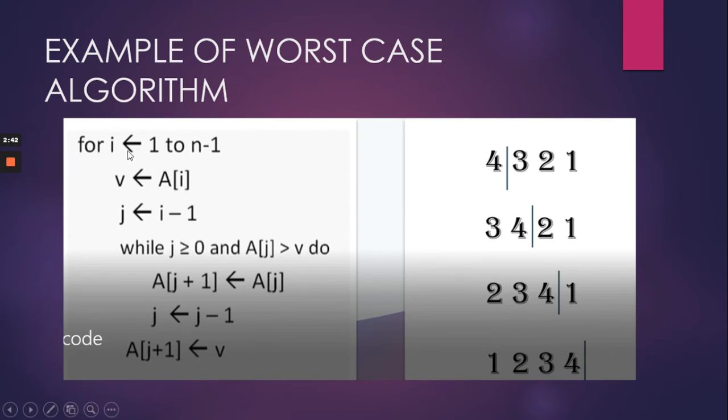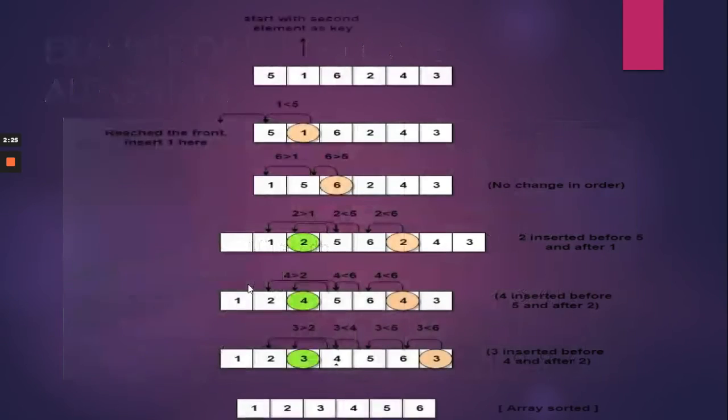The loop for i to n minus 1 is to shift the numbers in ascending order from smallest to biggest. Next is an example array for the worst case complexity.